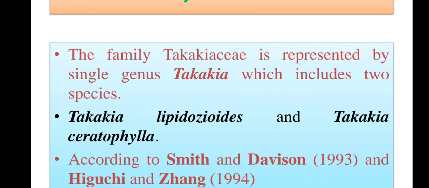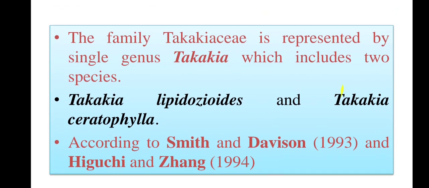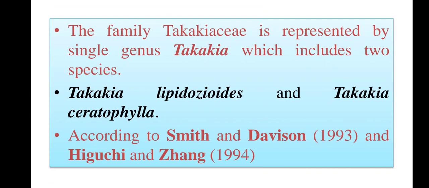The family Takakiaceae is represented by a single genus, Takakia, which includes two species, Takakia lepidozioides and Takakia ceratophylla. These are the two most important species.